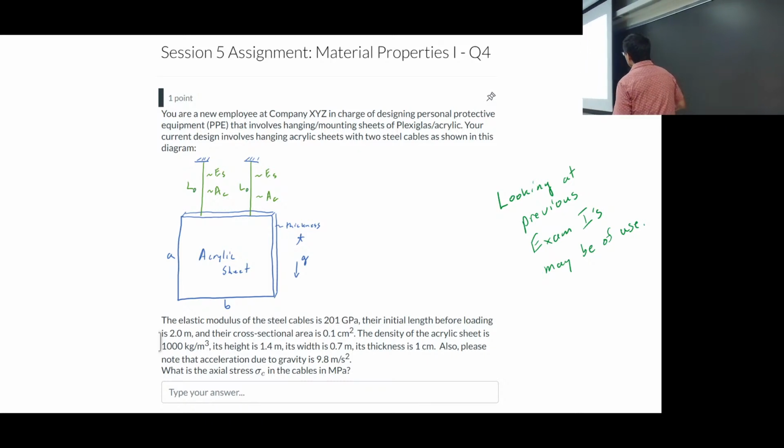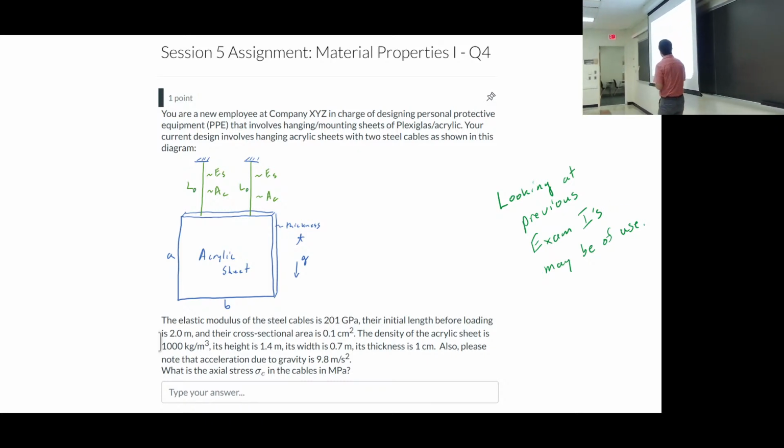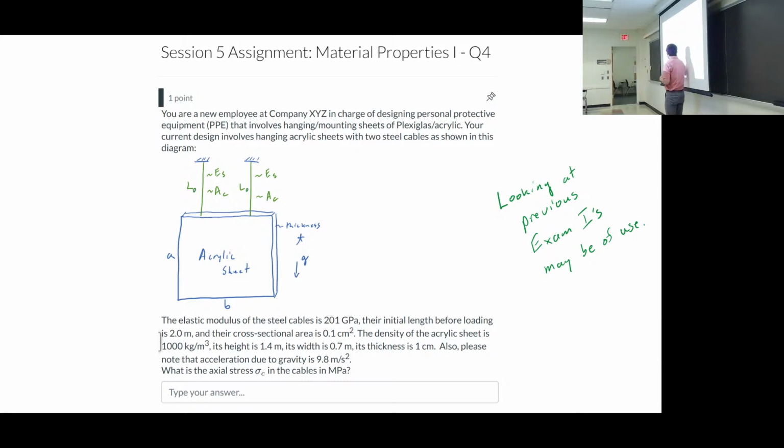Okay, the first question down at the bottom is asking what is the stress in the cables. There are 2 cables, which means that the cross-sectional area is double 1. So you have the volume of this times the density. The density is given as 1,000 kilograms per meter cubed, which is about right.